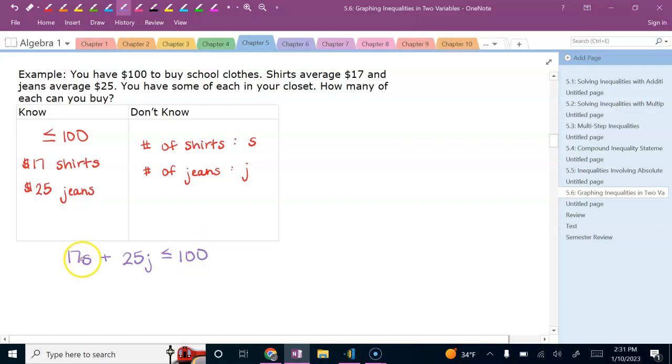I'm going to think of S as my X and J is going to be my Y. So I'm going to go ahead and solve for J on this equation. To do that, we would have subtracted 17S first. So we'd have 25J is less than or equal to negative 17S plus 100.